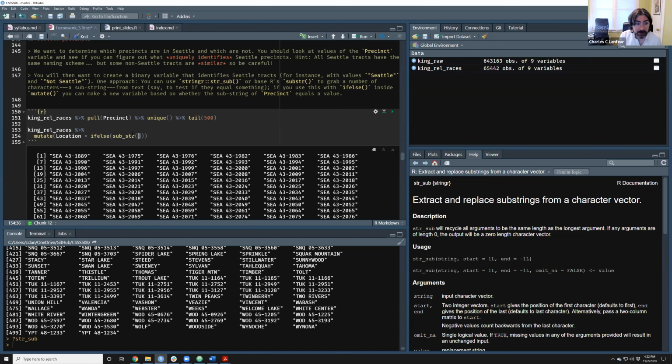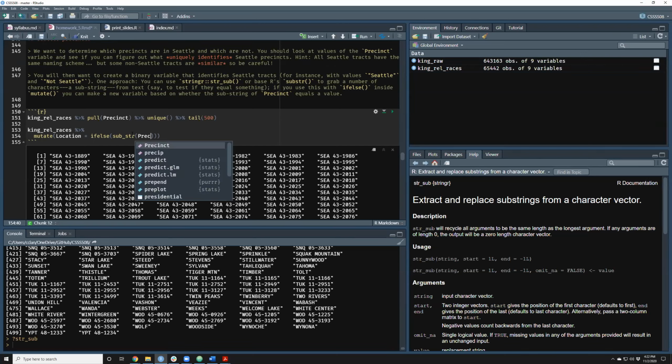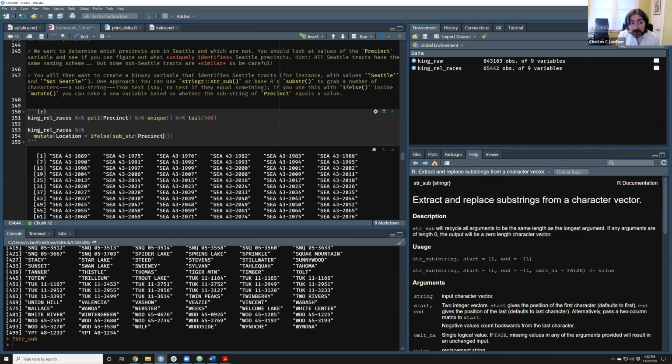So I say substring, we need to look in the variable first, right? How would I do that? Precinct? Yeah, we're going to say we want a substring from the precinct variable. And then we're going to say we want to start at its first letter because we're looking for SEA right now.